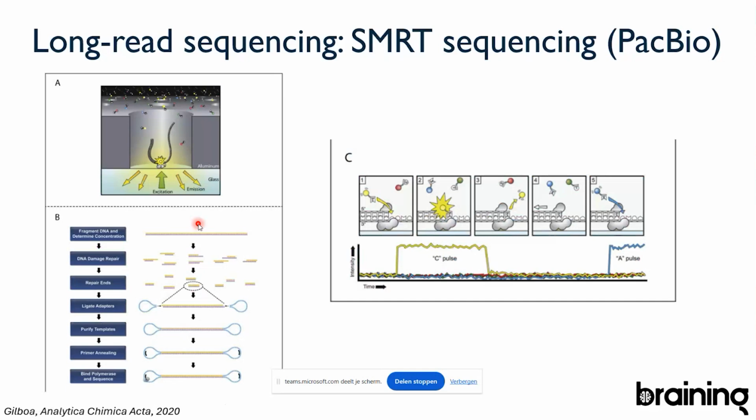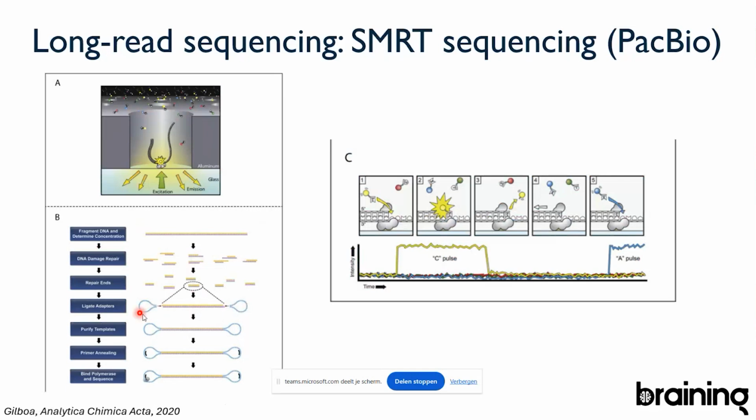As I told you, PacBio uses single molecule real-time sequencing. What does that mean? In a PacBio flow cell, you have all these small wells, and at the bottom of such a well, you have a DNA polymerase that is fixed, right? It cannot move. If you get your DNA fragment that you want, you ligate some adapters to it on both ends.